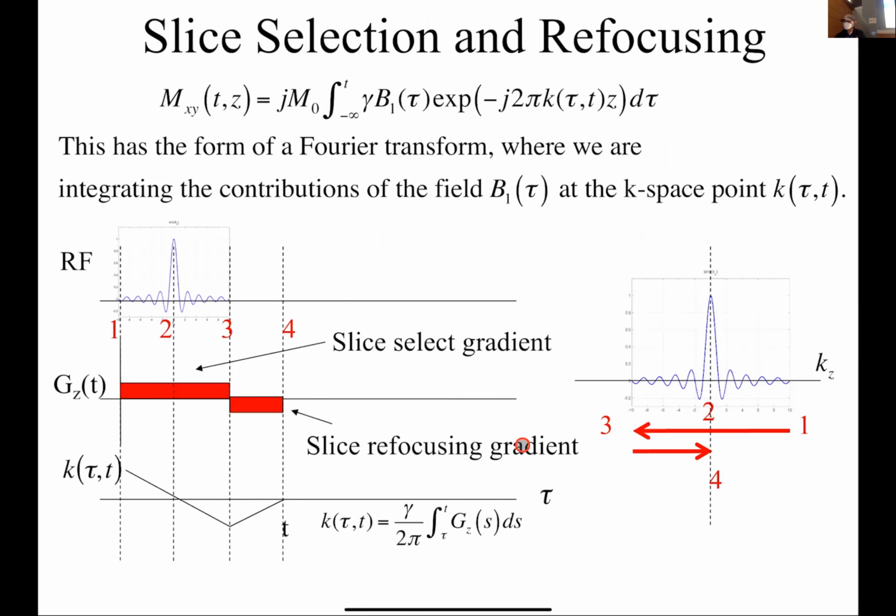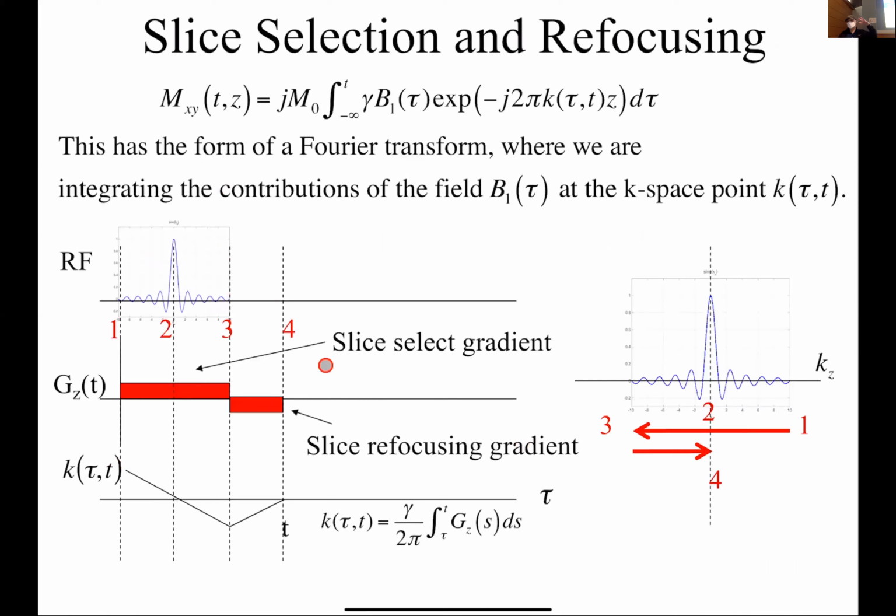So the idea is that essentially this is the Fourier transform of the pulse, the waveform I want. And so as I'm laying down this energy, I'm also using this gradient. This gradient is allowing me to go through K-space.